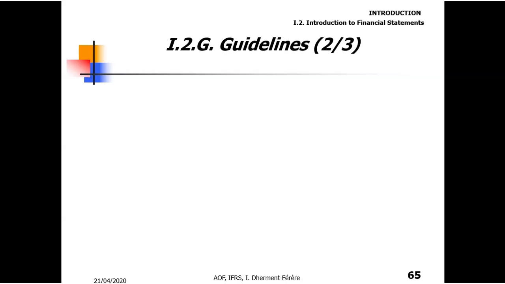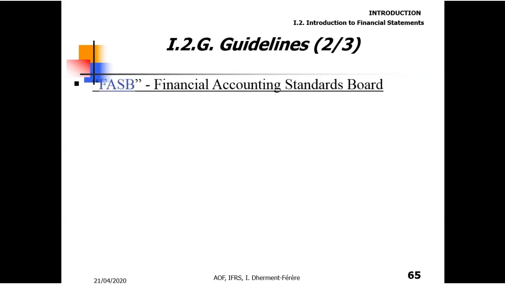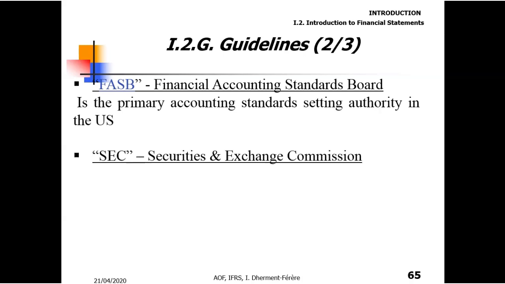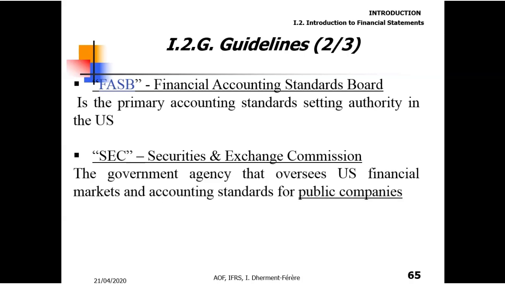You have 3 different guidelines. FASB, Financial Accounting Standards Board, is a primary accounting standards setting authority in the US. SEC, Securities and Exchange Commission, the government agency that oversees US financial markets and accounting standards for public companies.